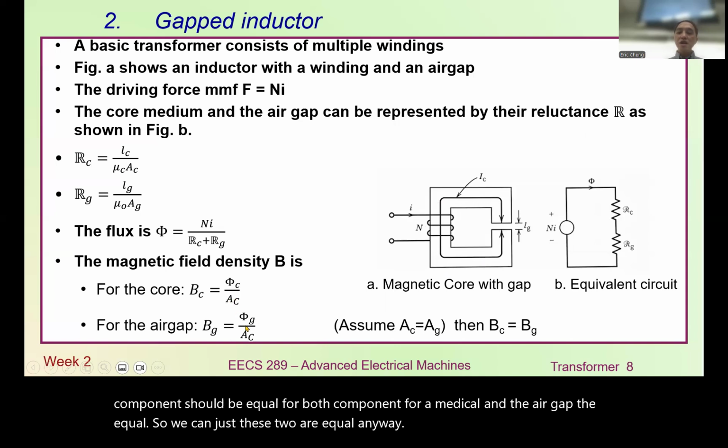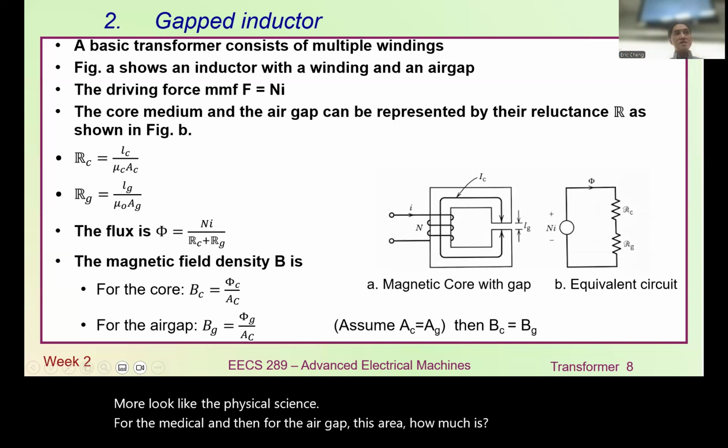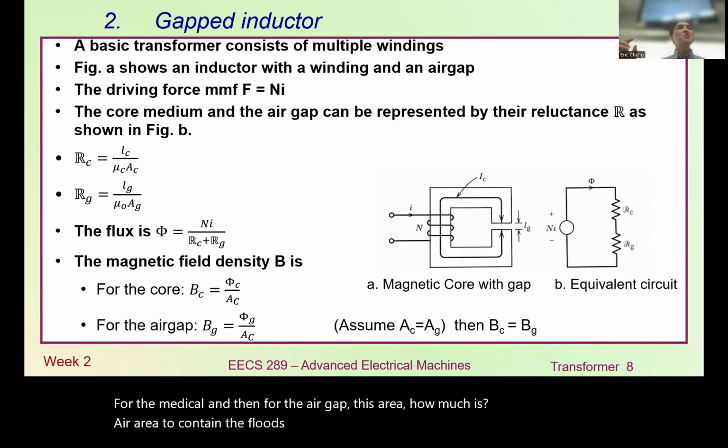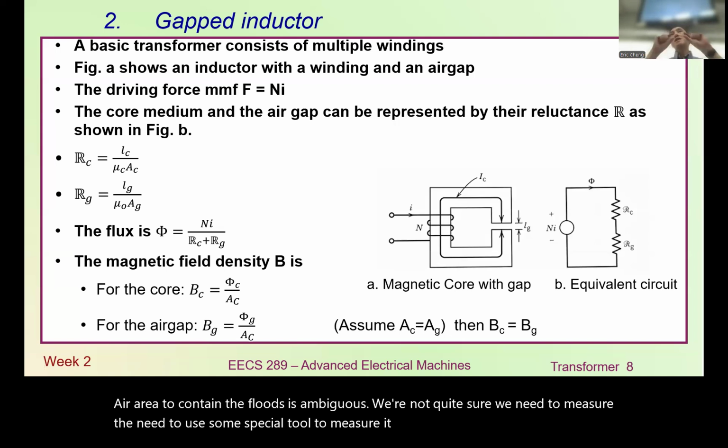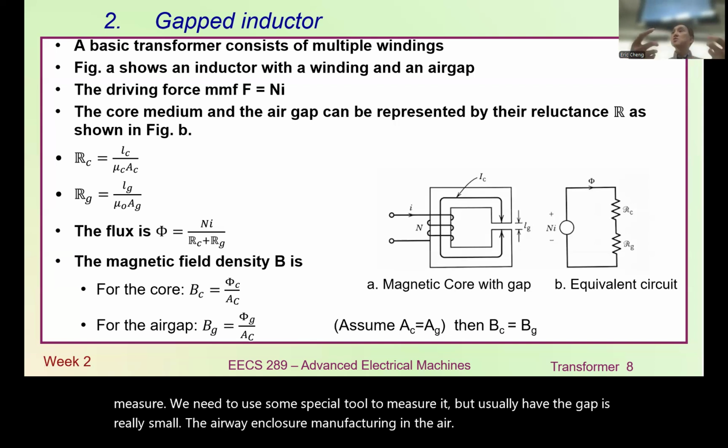And then for the cross-sectional area, in theory, the area of the core is the physical size of the magnetic core. For the air gap, how much air area contains the flux is ambiguous. We're not quite sure. We need to measure it using some special tool. But usually if the gap is really small, the area enclosing the magnetic flux in the air should be very close to the magnetic core.